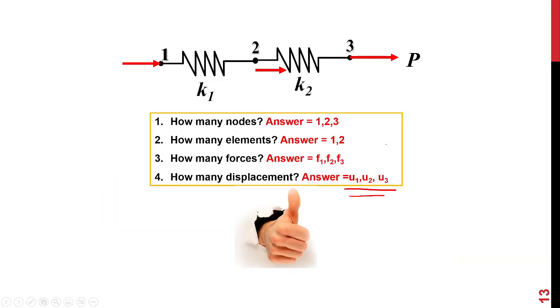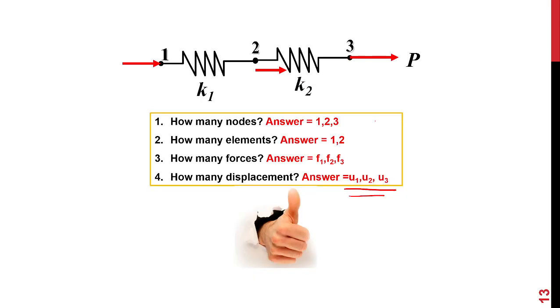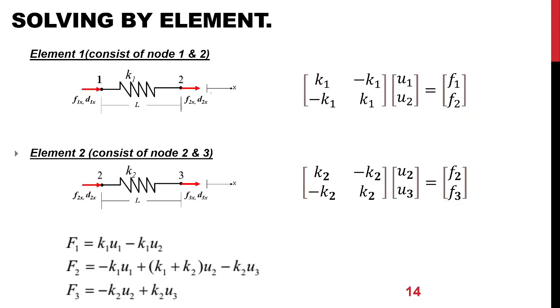Okay. So, sekarang kita akan buat problem lah. Kalau kita solve by elements, dia jadi macam ni kan. Ini kita dah buat tadi kan. Okay, sekarang kita nak solve problem ni. Kena lukis balik.